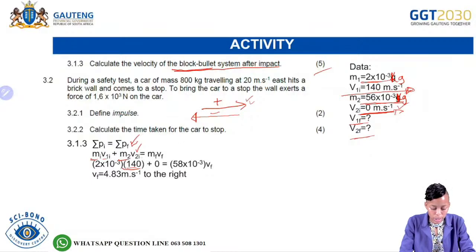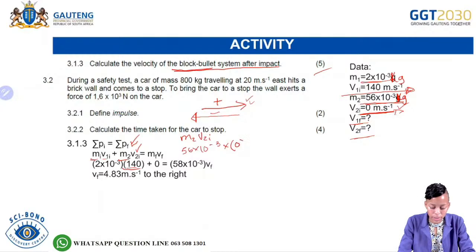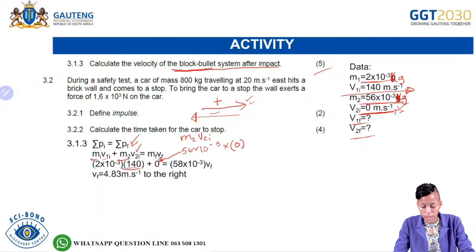So if you have m2v2i, the mass was 56 times 10 to the power of -3, multiplied by the initial velocity, which was 0. Therefore, the mass multiplied by the velocity of 0 would give you a 0.